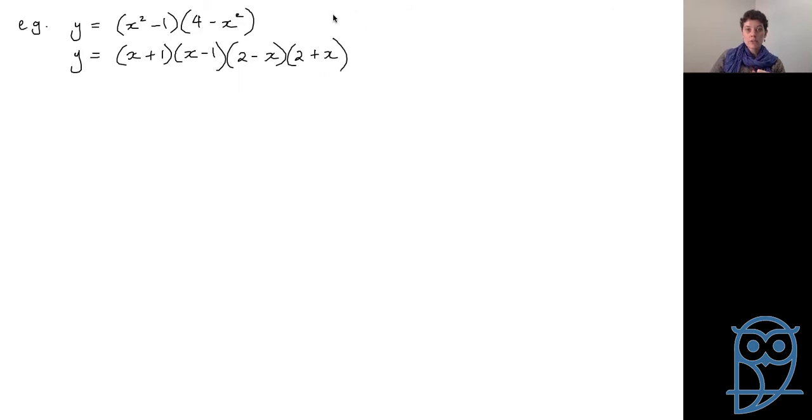Now we work through our steps. So first step, our y-intercept. We take all the numbers from all the brackets, we multiply them together. So 1 times minus 1 is minus 1. Times 2 is minus 2. Times 2 is minus 4.